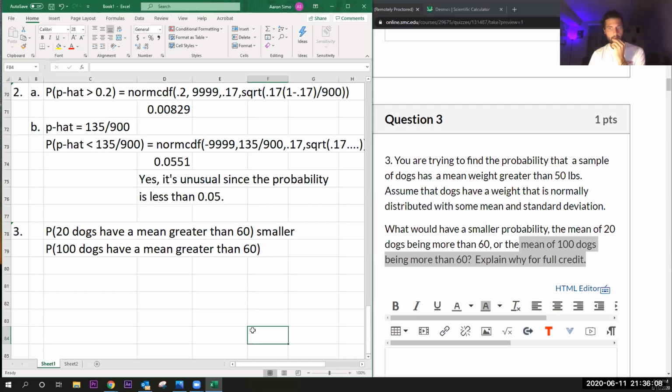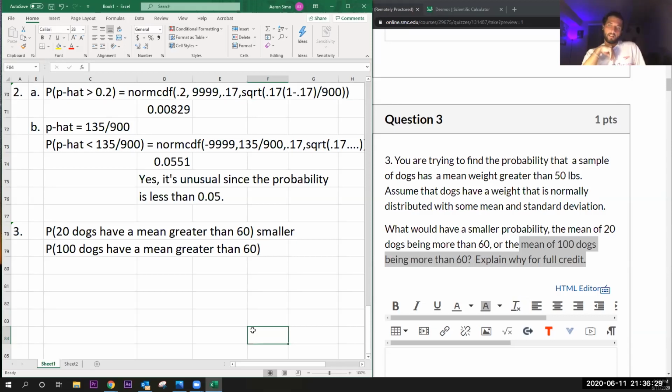Because with 100 dogs, if you had an outlier, the outlier wouldn't really affect it as much. Wouldn't count as much. So the means would be closer towards the center with the 100, right?